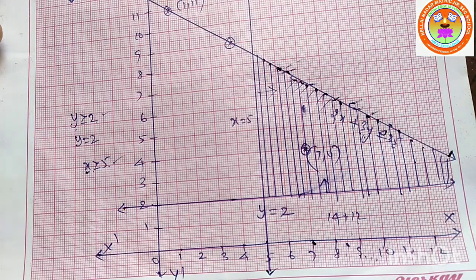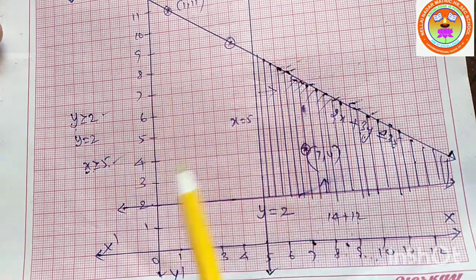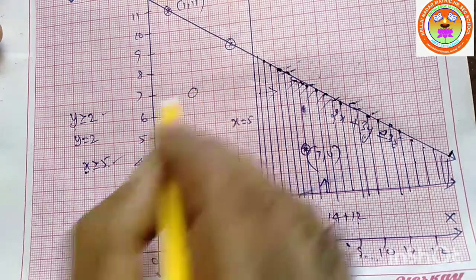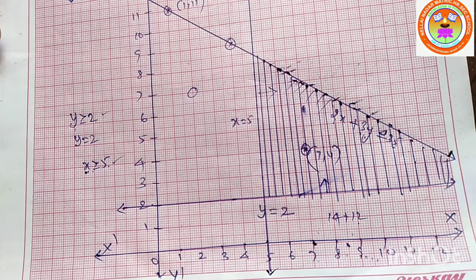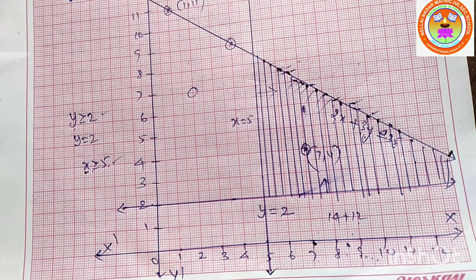If we take some values other than in this shaded region, for example here, (2, 7), it won't satisfy the given 3 inequalities. Is it clear? Okay? So what is the conclusion?